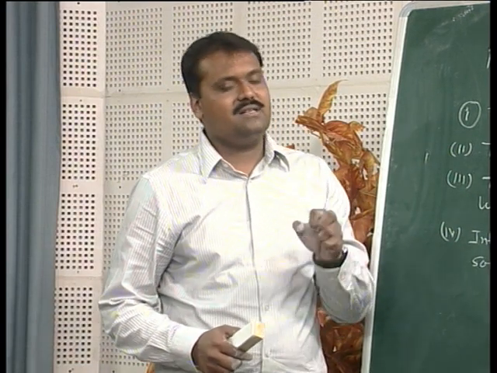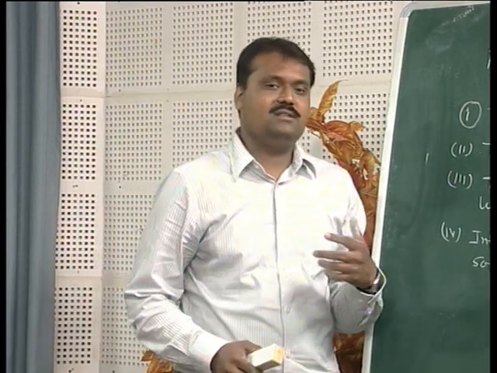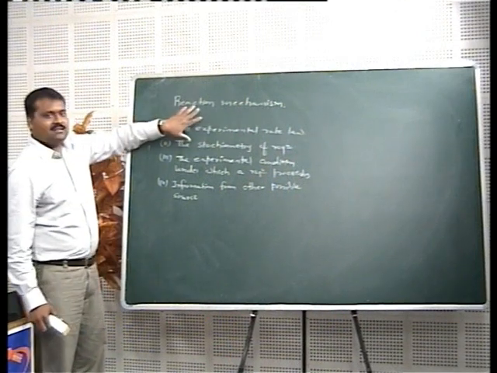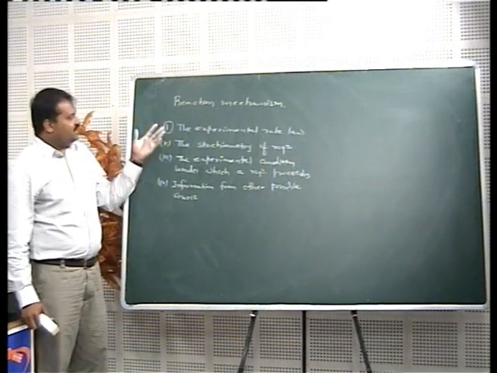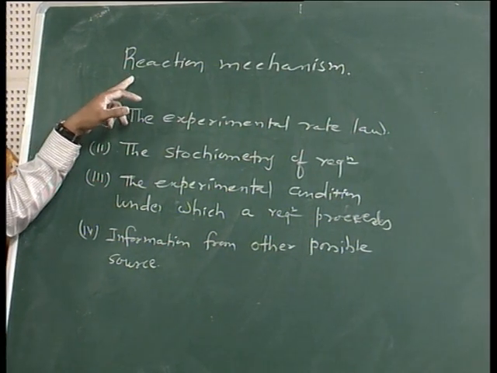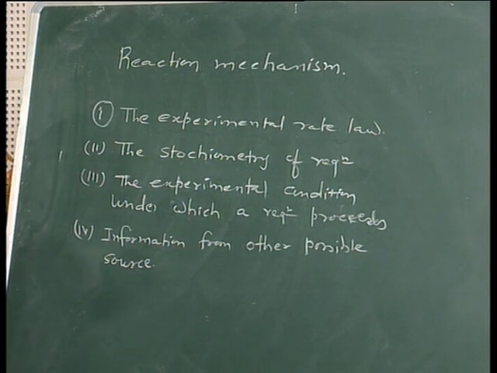And to judge the correct mechanism of the given reaction, there is one procedure. But before that, we will understand how one can propose the reaction mechanism of a reaction by taking one small example.